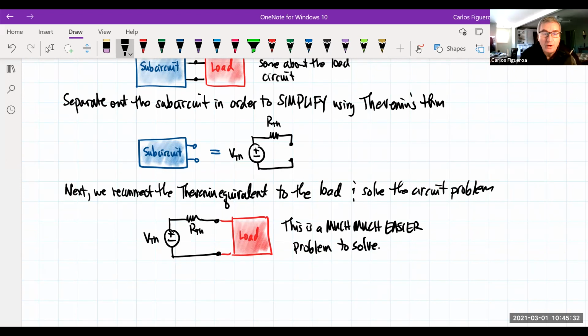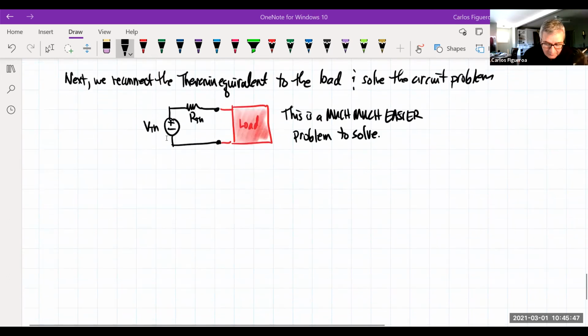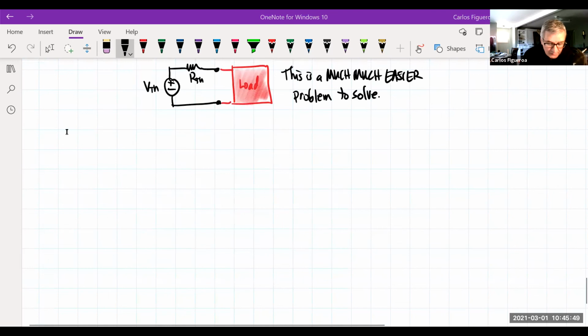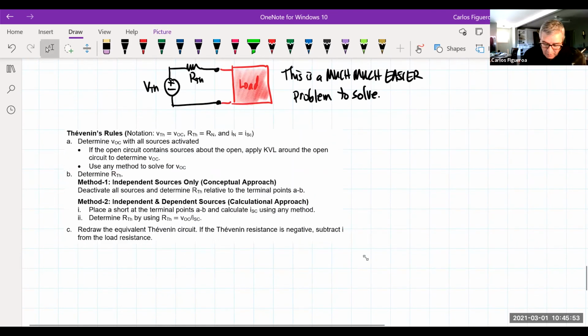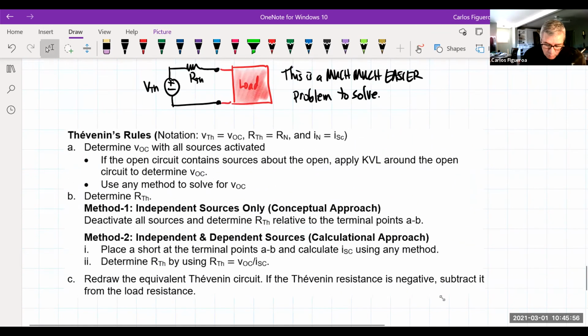And so what happens here is that we have to apply a procedure. Instead of writing it down, I'm just going to show you what's written in my notes. These are what I call the Thevenin rules.